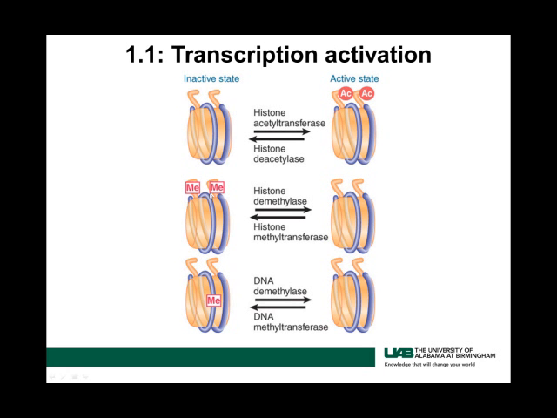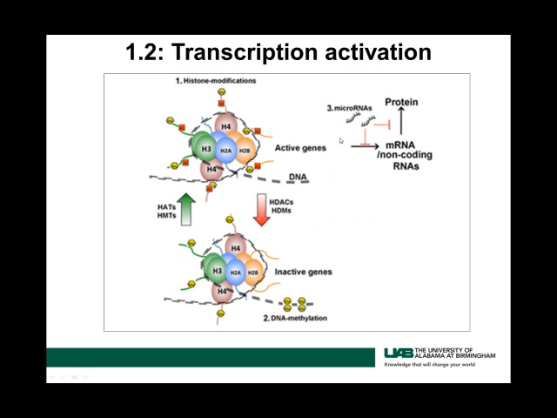And again, here, methylation, demethylation, it can not only occur on lysine and arginine residues of the histone proteins, but it can actually occur on the DNA itself, and it's exactly the same effect, whether methylation occurs on histone proteins or on the DNA that's wrapped around the histones. Methylation will make the chromatin more compact. Demethylation will make it less compact and accessible for transcription.